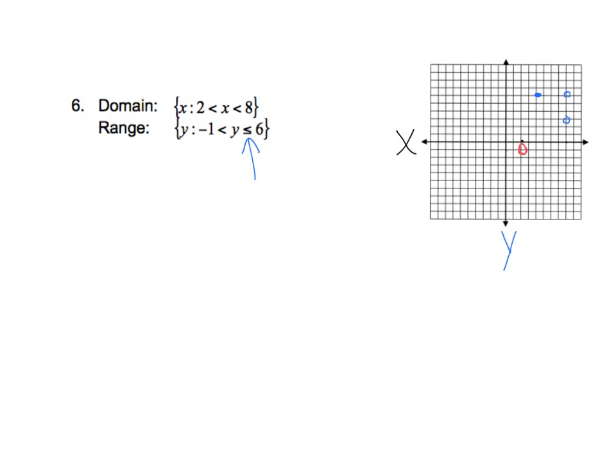It really doesn't matter where I put it as long as it does stay within that line. And I deleted my other point. So this graph would look something like this.